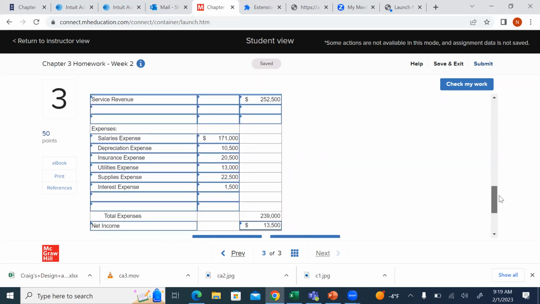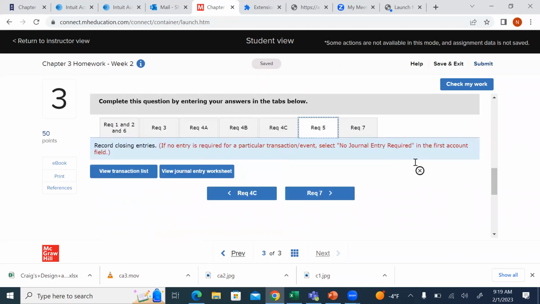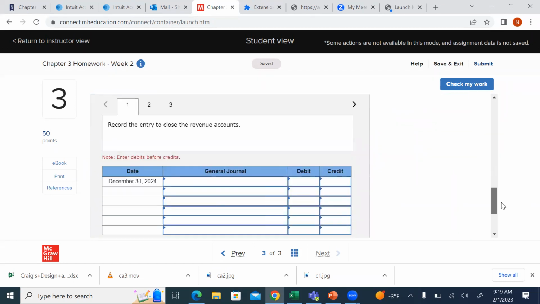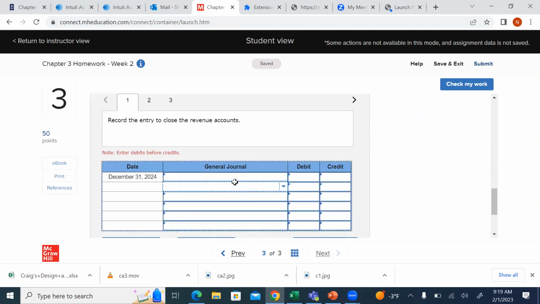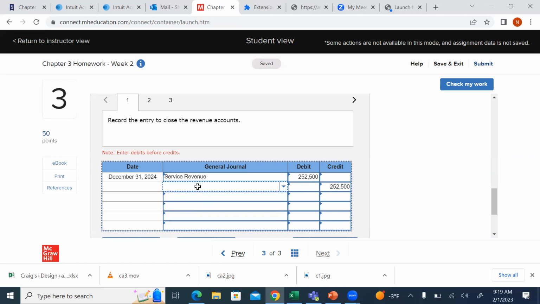The 252.5 service revenue. Close the revenue accounts. And remember, since service revenue has a normal credit balance, we're going to debit it and move it into retained earnings.